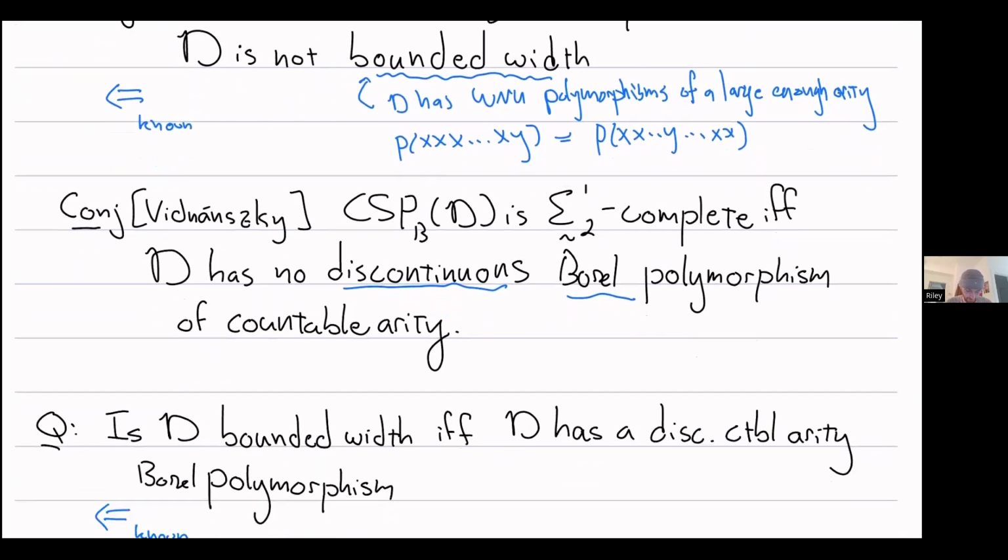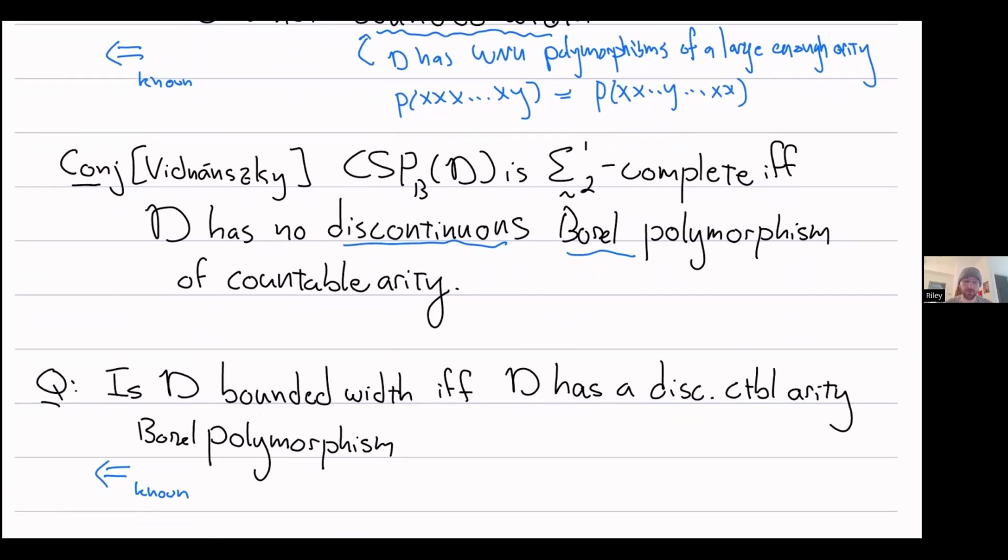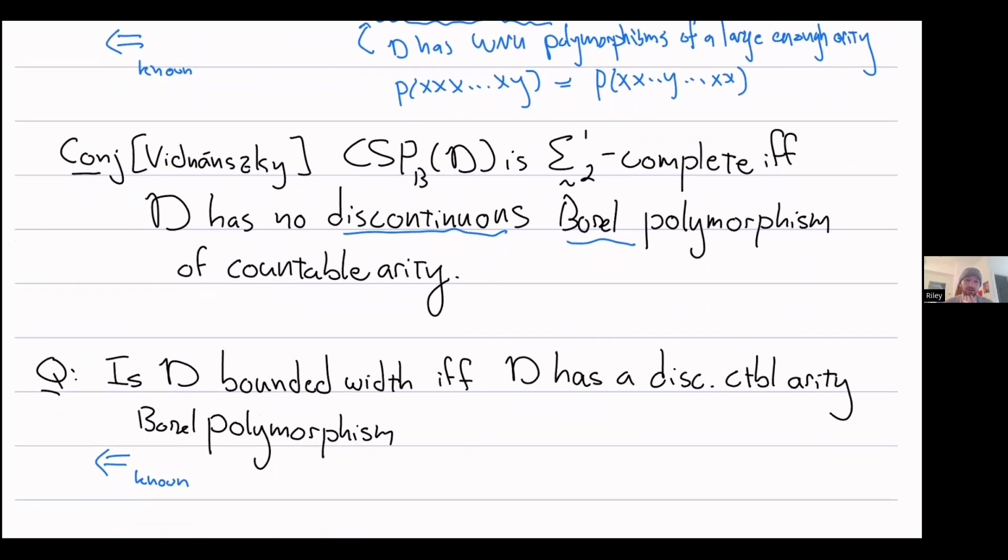And a question that is really just algebraic is, are these two conjectures equivalent? So is it the case that D has bounded width if and only if it has a discontinuous countable arity Borel polymorphism? And I'll point out that one of these directions is also known.